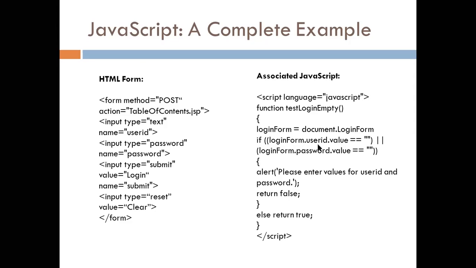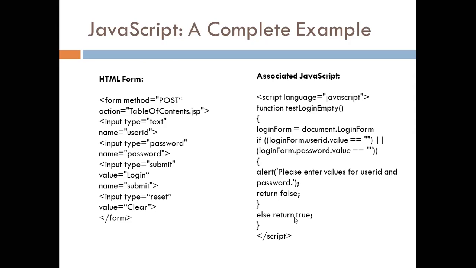So loginForm.userID.value, if it is equal to empty, or loginForm.password.value equal to empty, which means the user has not entered anything, then an alert message should be displayed. Then alert, please enter values for user ID and password, and return false, else return true.